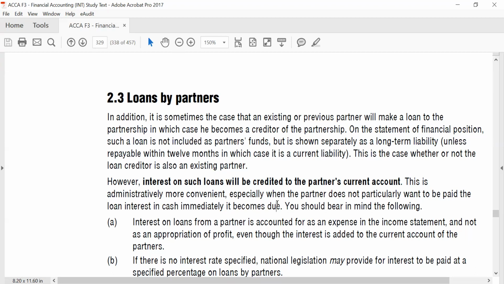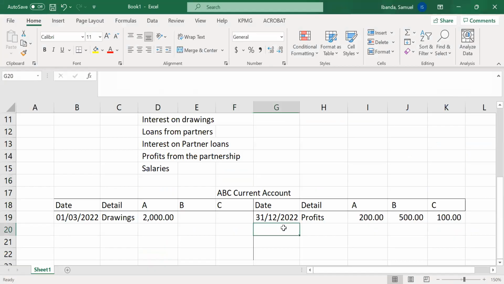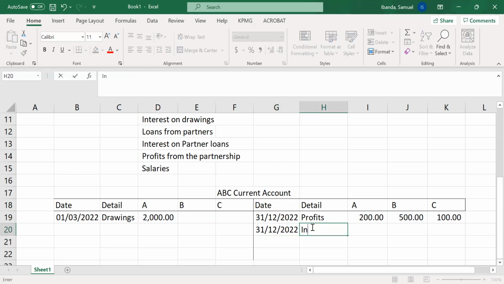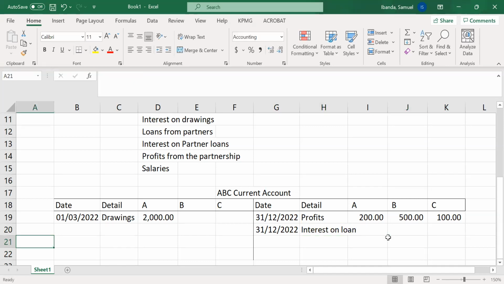Why? Because in this case, the partner is benefiting. We are paying this interest to the partner. So when you come to your current account, interest on loan is recorded on the credit side here.